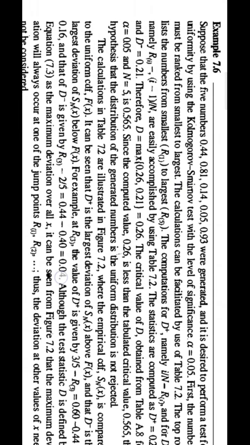Go through the statements carefully. Hope it is visible. If not, please refer to the screenshots I have shared already. The calculations are in the previous table we considered, where the empirical cumulative distribution function, CDF Sn of x, is compared to the uniform CDF.